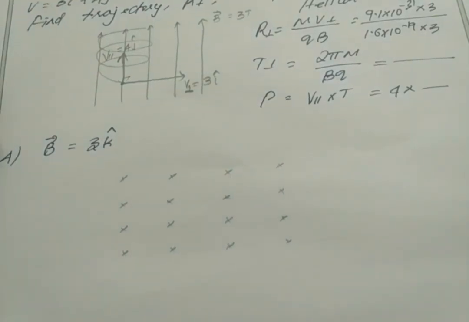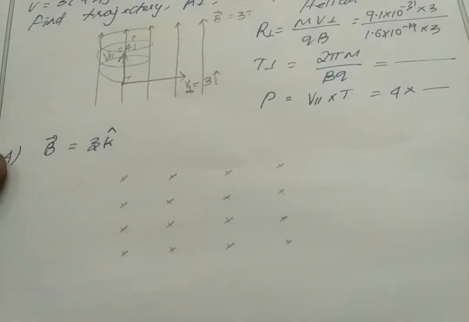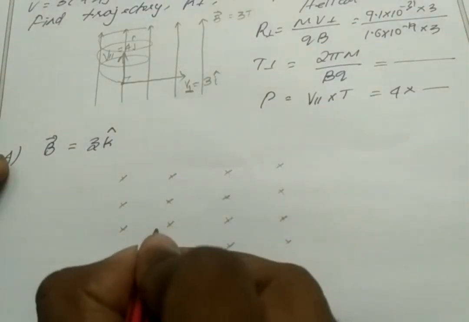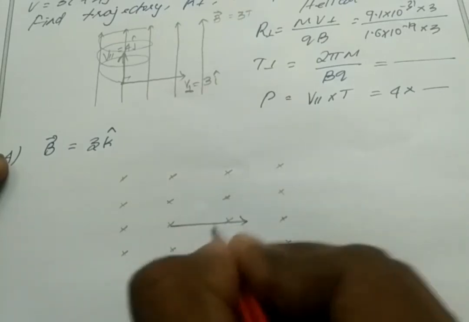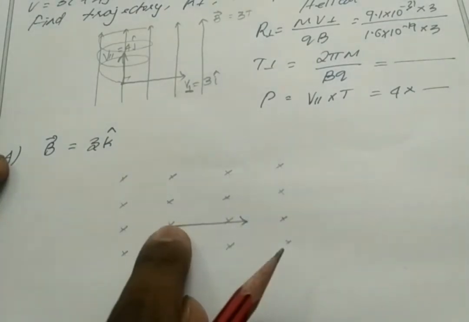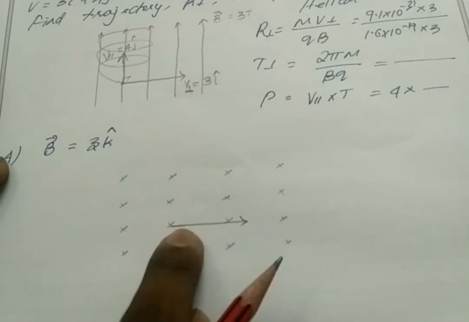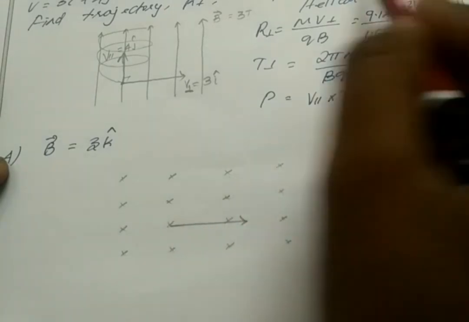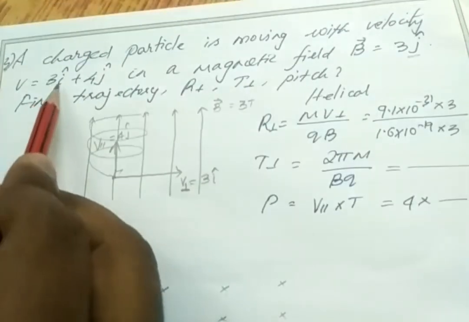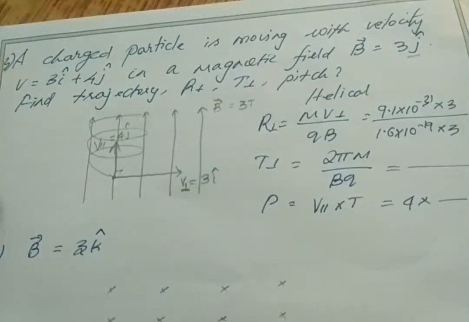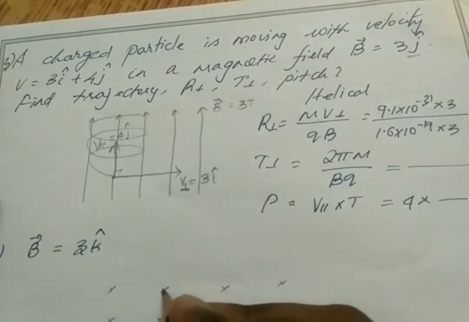Right? So in a cross field, whatever the direction may be, it is always perpendicular. Here the Z axis is perpendicular to the X axis, because all three axes are mutually perpendicular to each other. So if my magnetic field is 3k from the previous problem, in the X axis I have velocity 3, and in the Y axis my velocity is 4.